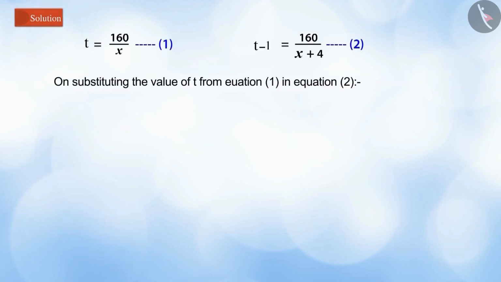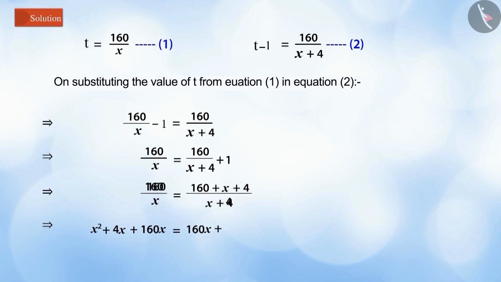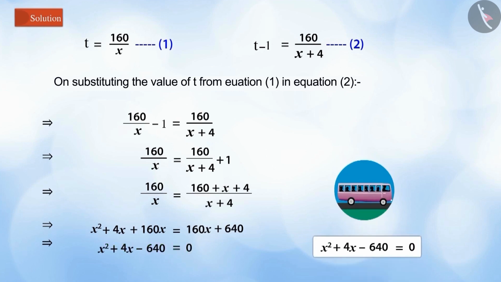Substituting the value of t from equation 1 in equation 2, we get x to the power 2 plus 4x minus 640 equals 0, which is the equation for the speed of the bus.